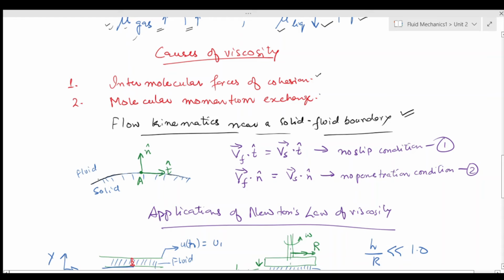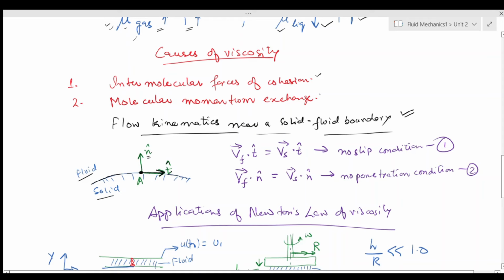It's a boundary. On one side we have fluid and on the other side we have solid. Take a point A on this boundary. Tangential to it, I have a unit vector t hat. Normal to this point on the surface is n hat.